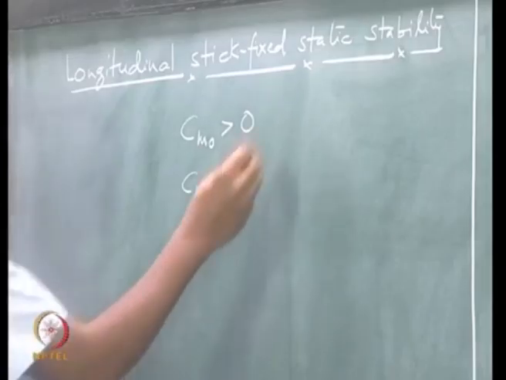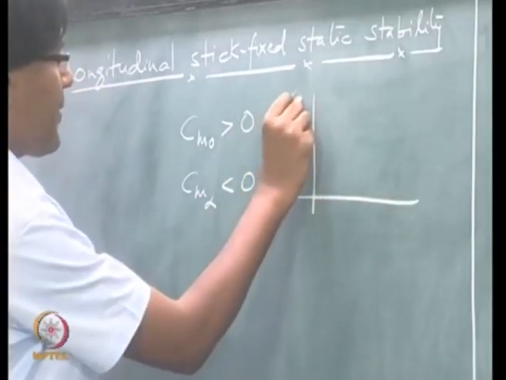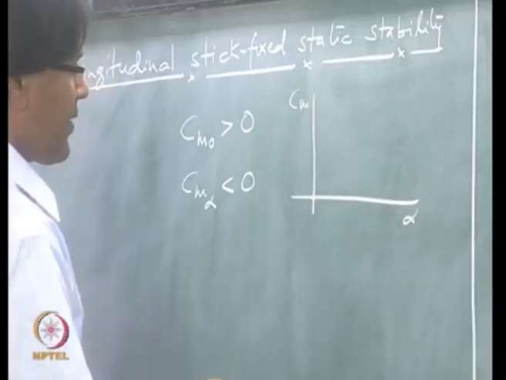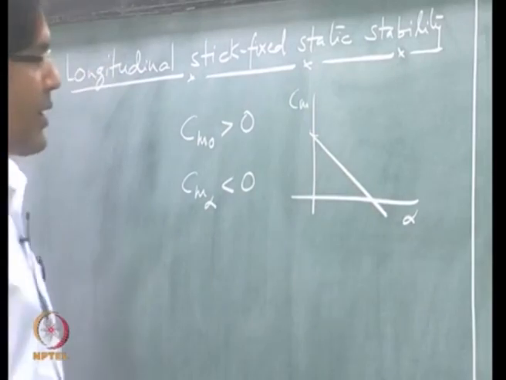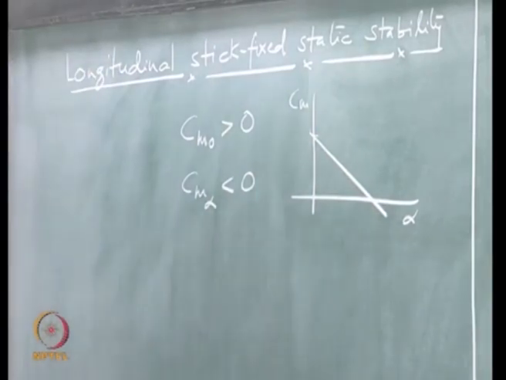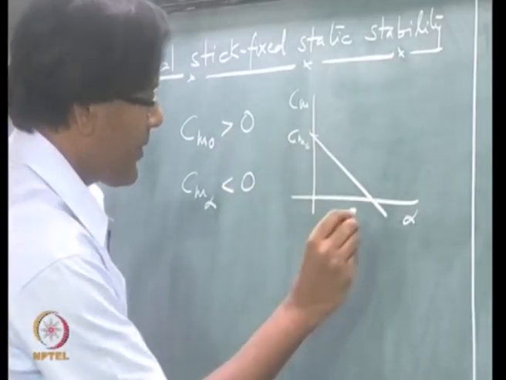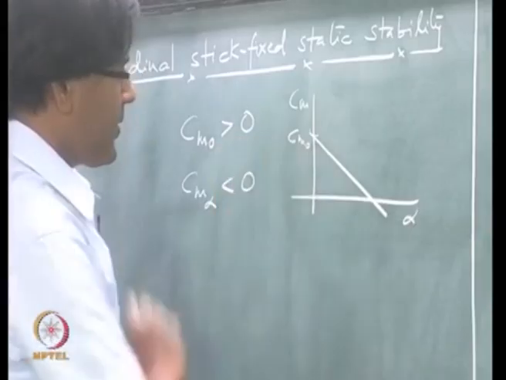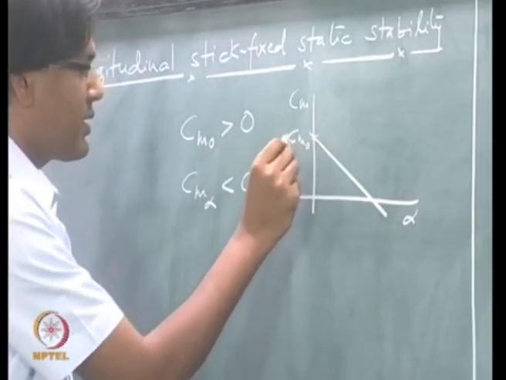So, we want to put it graphically. This is how the curve for the whole airplane should look like. Right, this quantity is Cm naught.